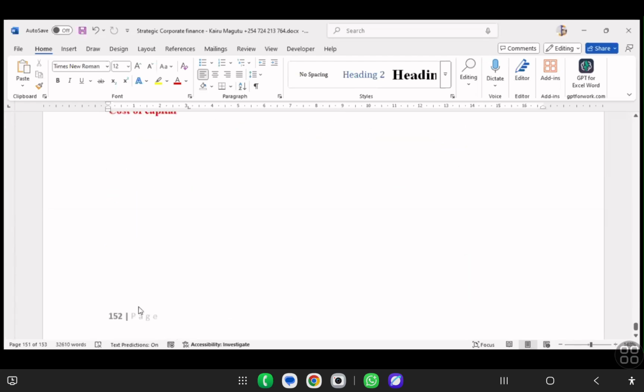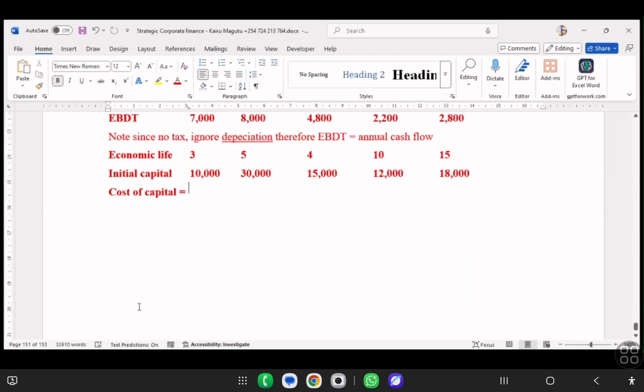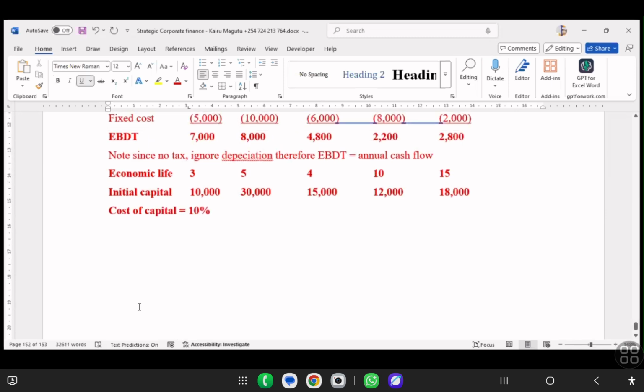So the tricky part there was to determine the annual cash flow. That was actually the only tricky part.